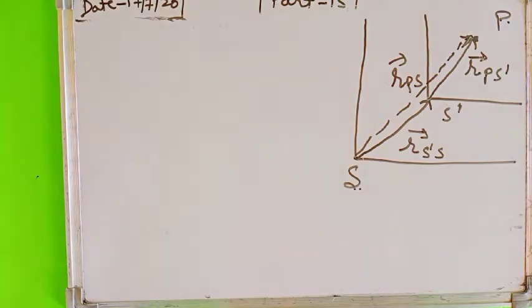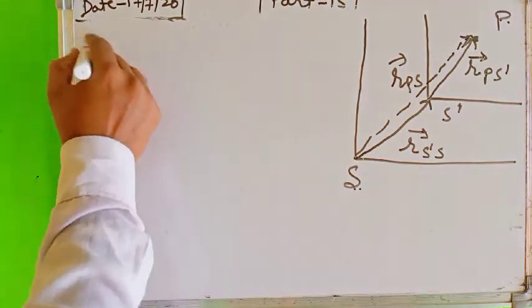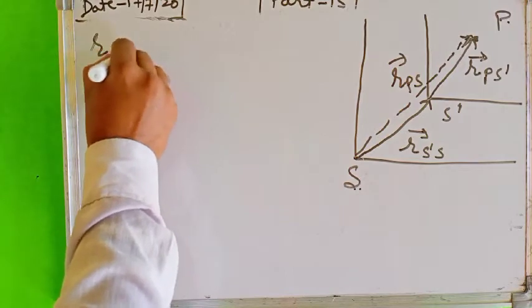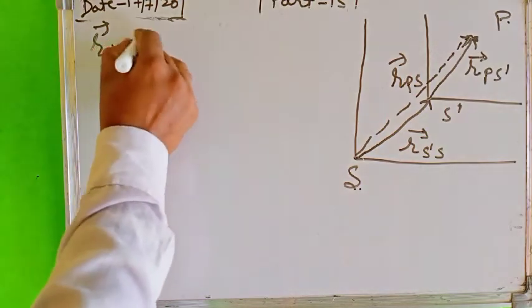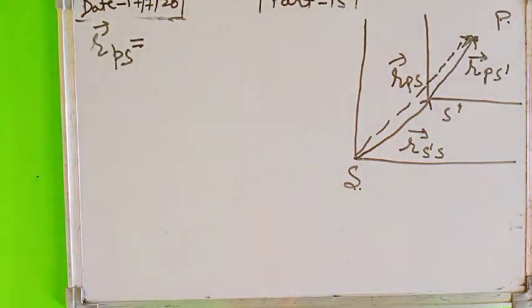So R PS, the position of particle with frame S, can be written by triangle law of vector addition. We will discuss just after this topic scalar and vector, and in that we study the triangle and parallelogram law of vector addition.